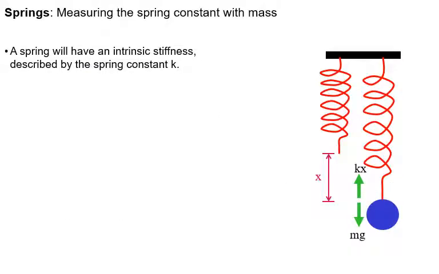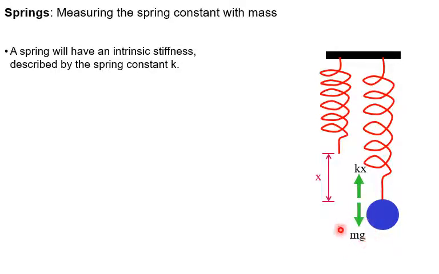So one thing that we can do with springs is we can measure the spring constant using a mass. We take advantage of the fact that we all remember that the gravitational force is equal to the mass times little g around the surface of the Earth. So this little g is our friend, that 9.8 meters per second squared.